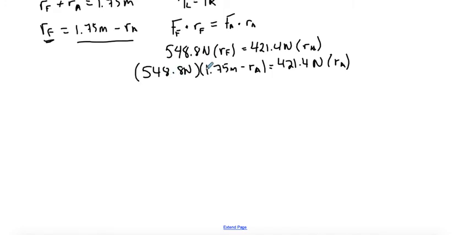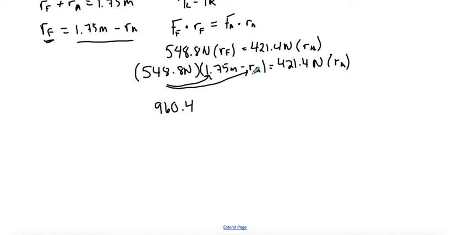So let's keep rolling with this one. This would distribute into there: 548.8 times 1.75. I like to do this when I distribute stuff just so I know I'm going to both of them. So that gives me 960.4. We can maintain units here if you want to.